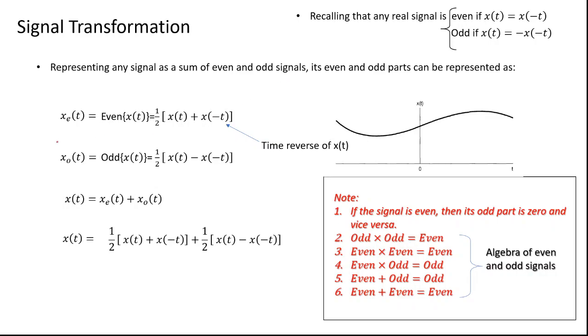The even part is represented as the average of the signal and its time reverse counterpart, the time reversal of x of t, and its odd part is given as the average of x of t and the negative of the time reverse of x of t. Hence, this signal can be represented as the sum of the even and the odd part.